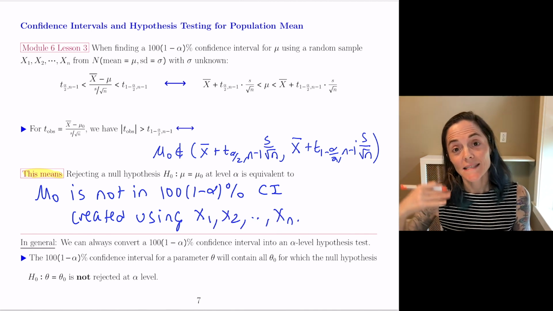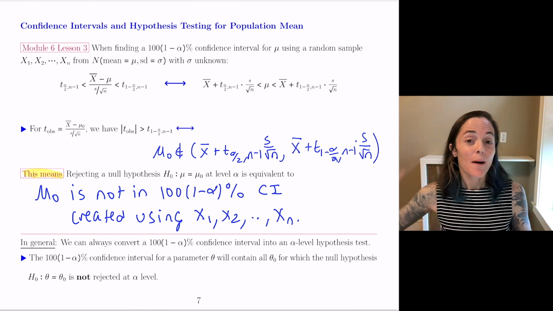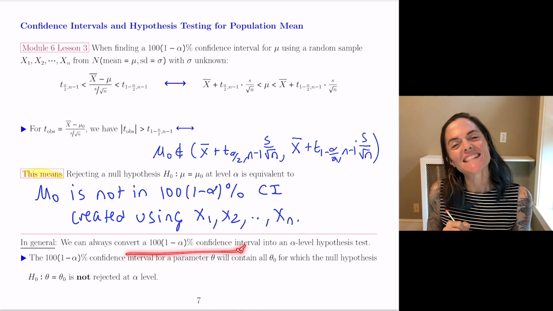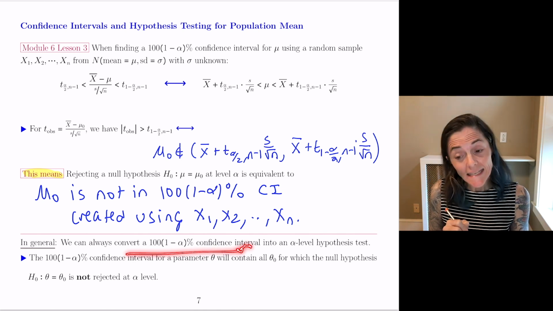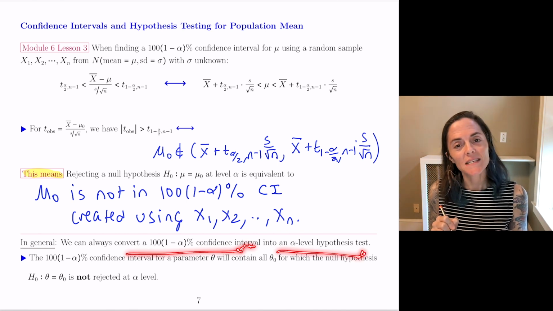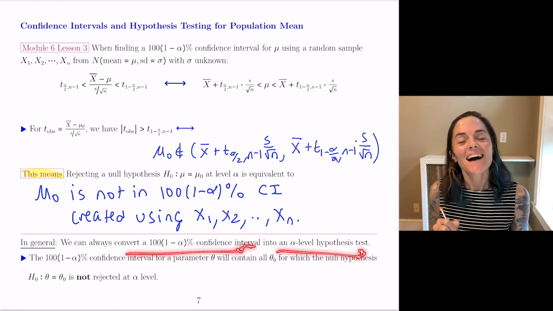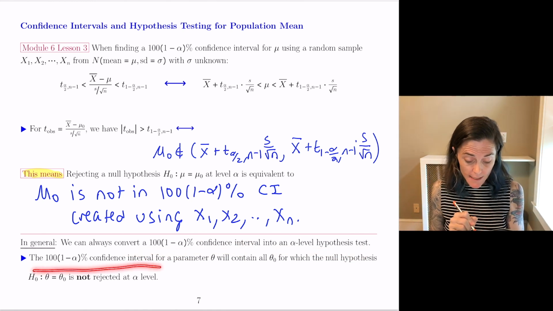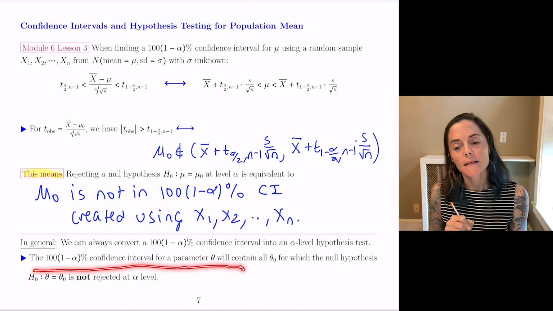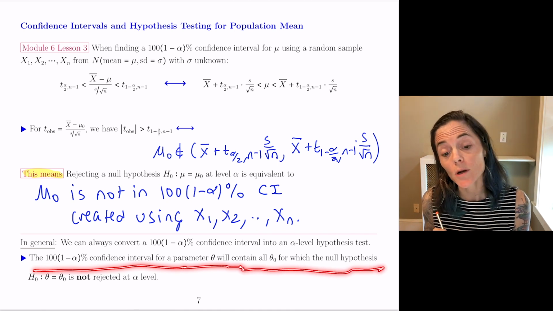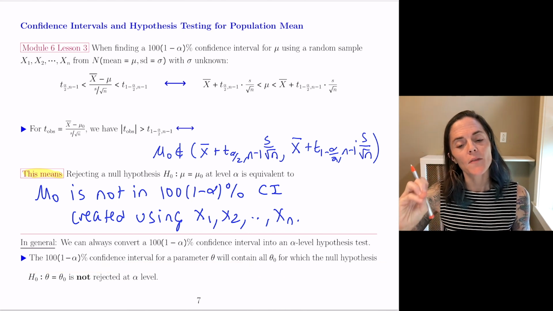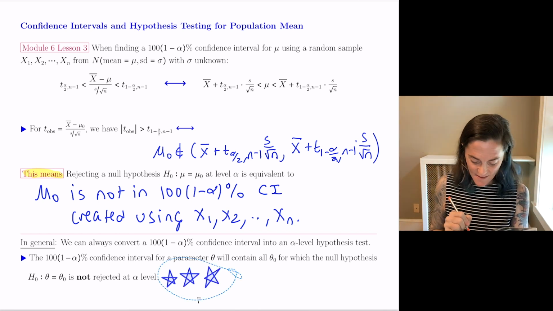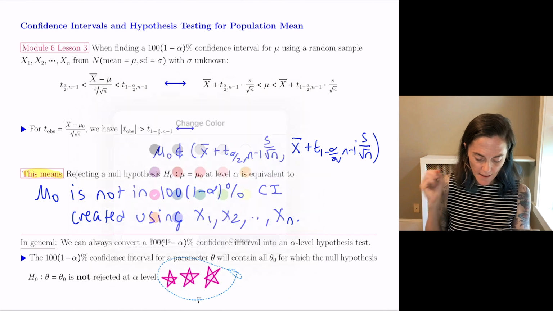And this is a general statement about hypothesis testing: we can always convert a 100 times 1 minus alpha confidence interval into an alpha level hypothesis test. We will do more of that this module. And the confidence interval, for whatever the parameter is, contains all possible parameters for which the null hypothesis is not rejected. So this is a wonderful thing to think about.